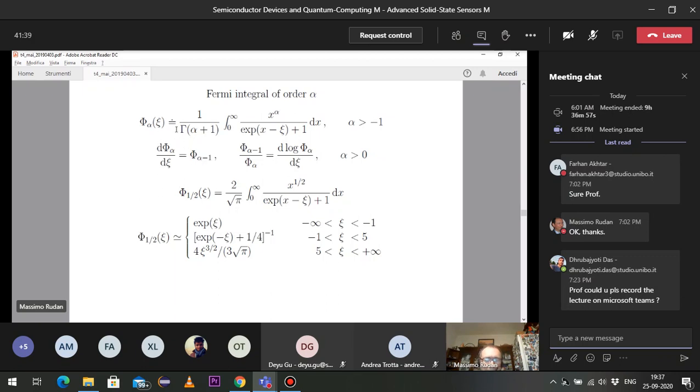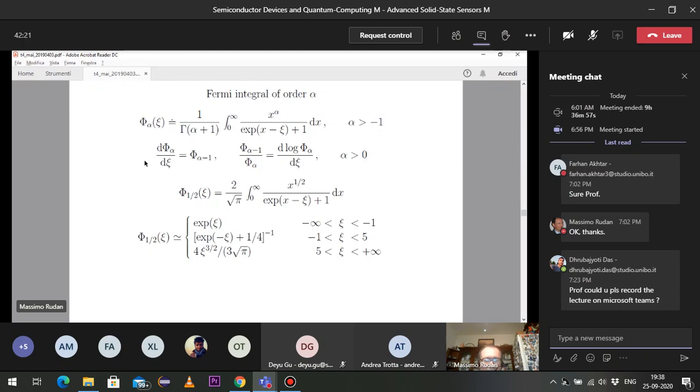Well, you can observe from the definition that the Fermi integrals are all positive, because the gamma function is by construction positive, and this integral also is by construction positive, okay? So phi of alpha minus 1 is positive for any alpha. That means the derivative with respect to psi is positive. So phi is an always increasing function of the argument psi, okay?